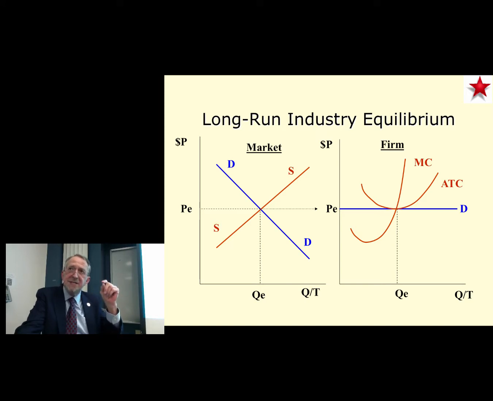So what it means is that you're making as much here as you could make in your best alternative, your best other product. You're making as much profit as you could doing your second best alternative. So you are making an accounting profit, and that's called a normal rate of return. You're making the average of what all the firms in the industry are making.